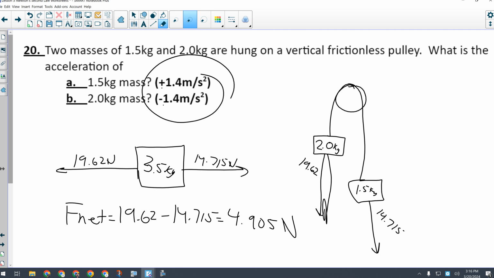This box is going down, this box is going up. Okay, everybody all right with that? Okay. So when I do this final calculation though, I'm dividing by 3.5, the mass of the system. That is always true when we're dealing with a system of interconnected masses.